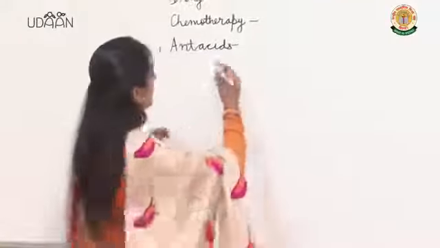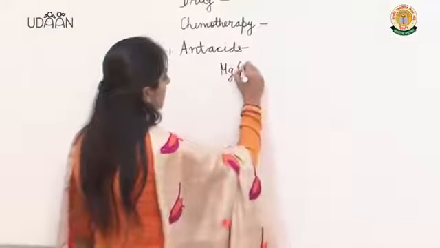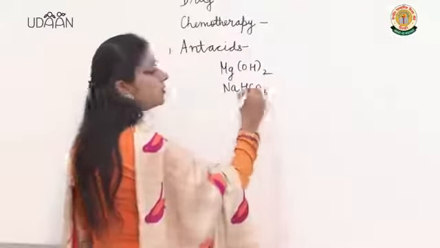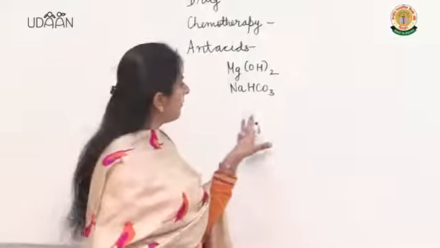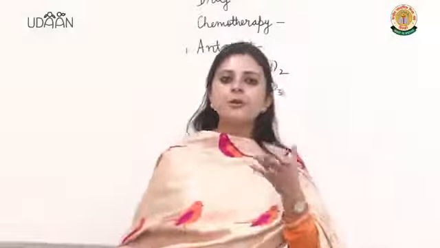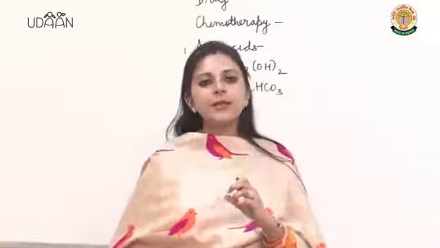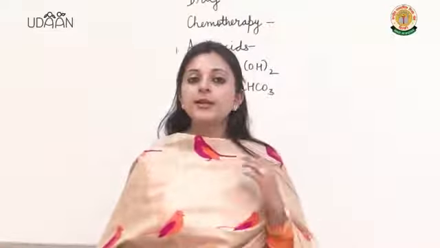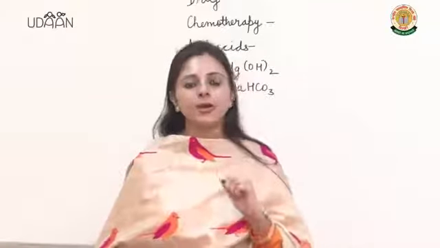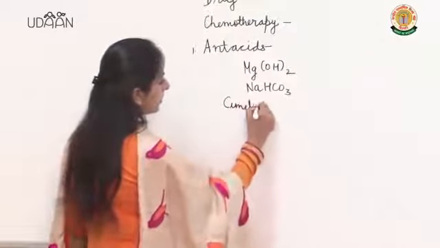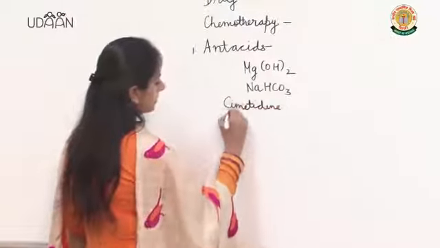Now magnesium hydroxide and sodium bicarbonate were initially used as antacids, but what is the limitation of them? That they can only cure the acidity, but they do not control the cause of it. That is, the acid that has been produced in the stomach they will neutralize, but they will not be able to stop its production. So that means then came cimetidine and ranitidine.